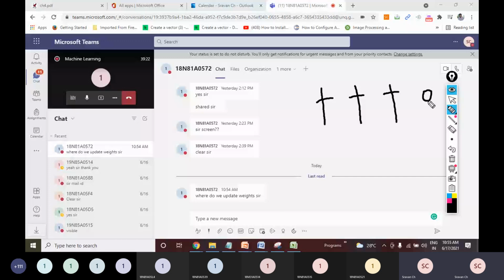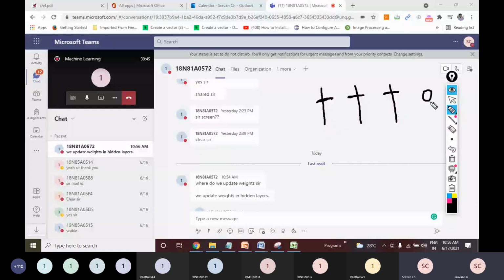Again we will see the weight updation rule also. So weights will be updated at every layer, and now again I'll run the neural network. I'll get some error, maybe less than the previous one. Do we update the weights in hidden layers? Yes, of course, not just hidden layers, even in the input layer, the initial weights have to be updated. That we will see now.